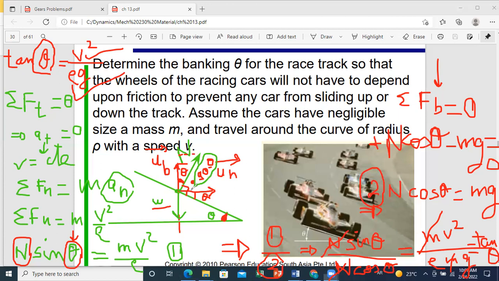They are along UN and UB. And since UT is perpendicular to the vertical plane, these forces will not have any projection along UT. So when you write the sum of FT, you will get just 0. And you expected this because you are designing based on a constant speed. So the sum of forces along UT should be 0.